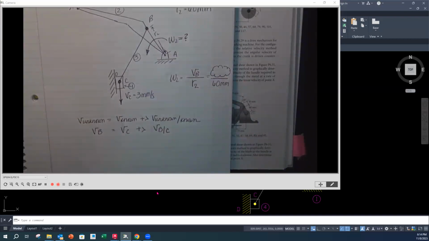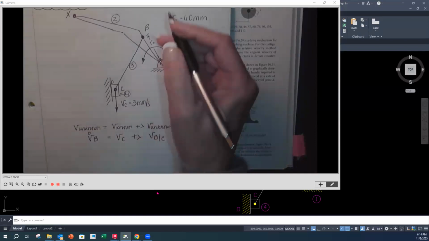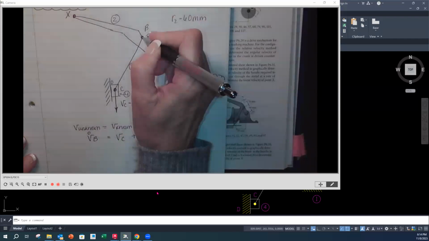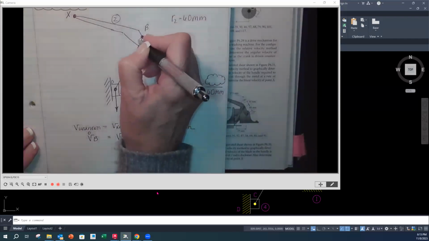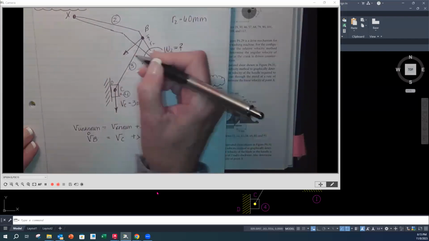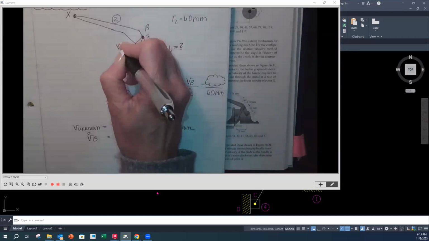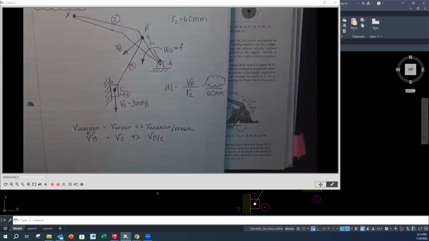Now, I always like to take inventory to be sure that, even though we have some unknowns here, they're separated, with no more than one on either side of the equal sign. So if we look at the velocity of B, we know we don't know the magnitude. So that's unknown, but its direction is still going to be perpendicular to the radius back to its center of rotation, and it's going to be pointing down and to the left because the rotation is going in a counterclockwise direction. So for VB, we do know direction, we don't know magnitude.